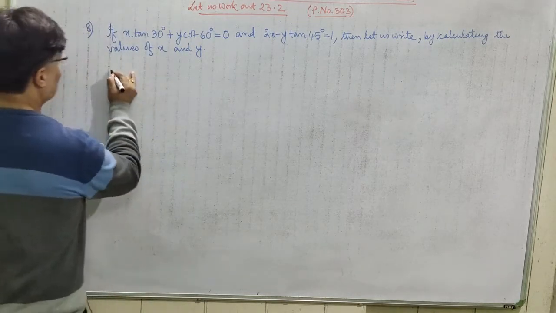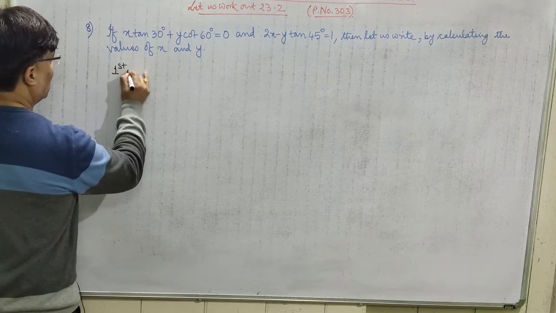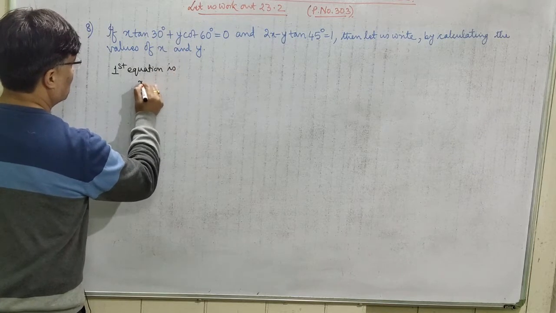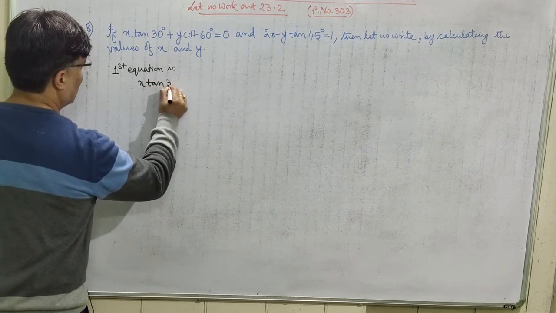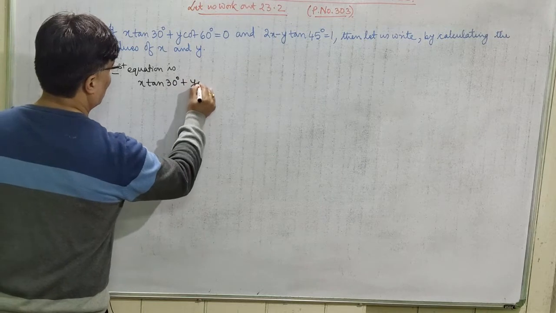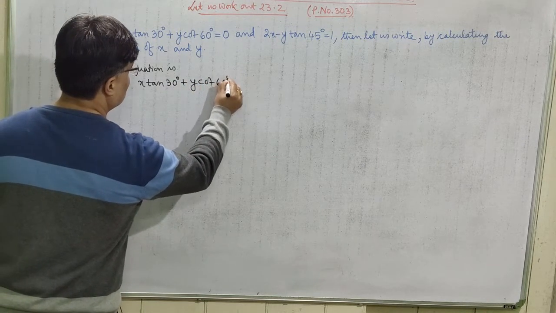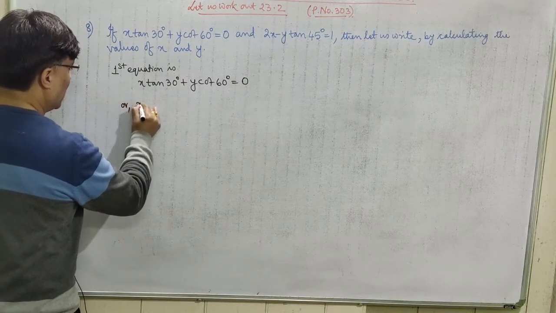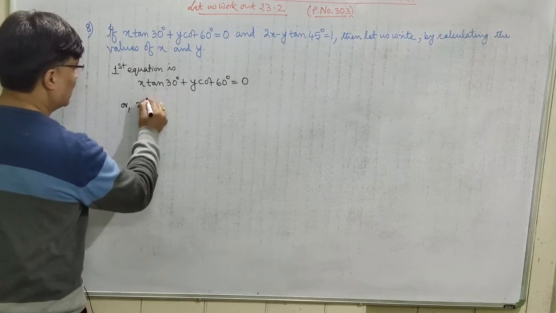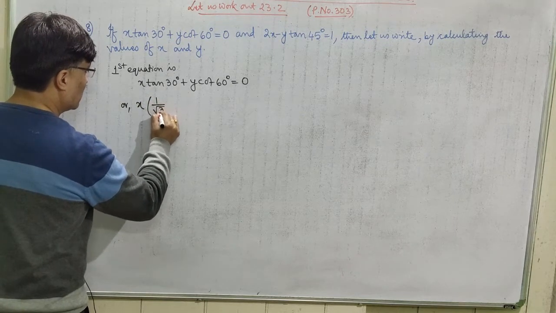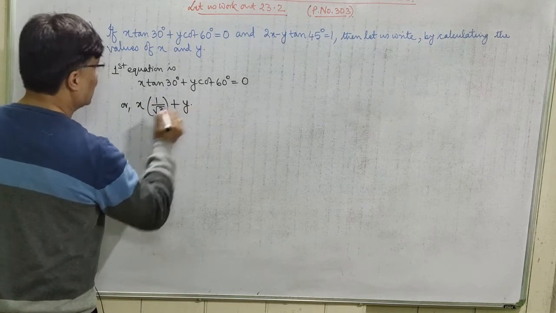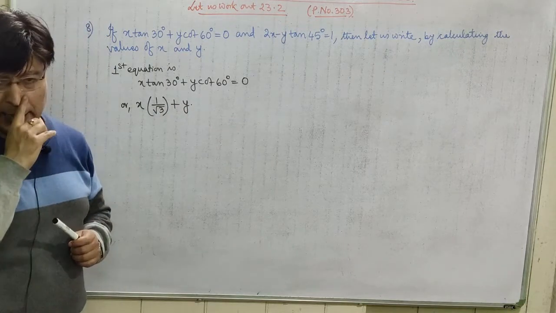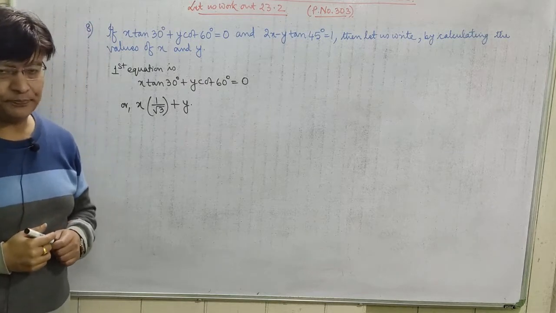So let us write down the first equation now. First equation is x tan 30 degree plus y cot 60 degree is equal to 0, or x into, what is the value for tan 30 degree? It is 1 by root 3, plus y into... You know that cot 60 degree and tan 60 degree are opposite trigonometrical ratios.